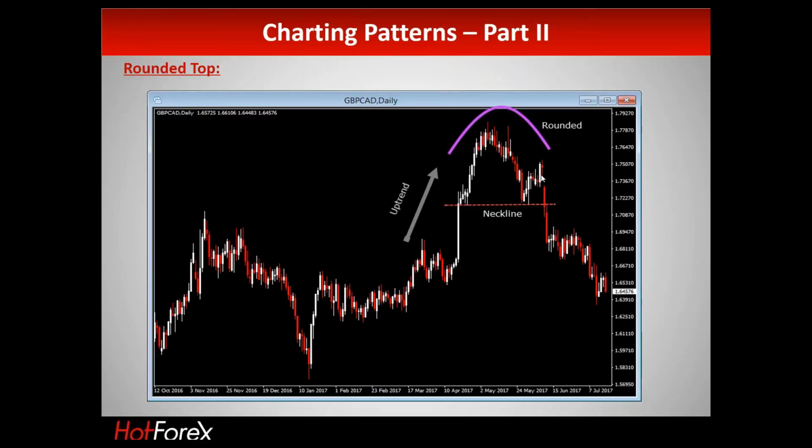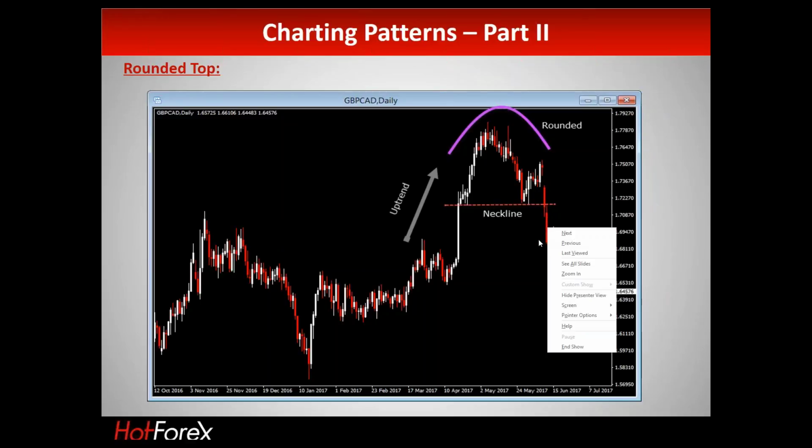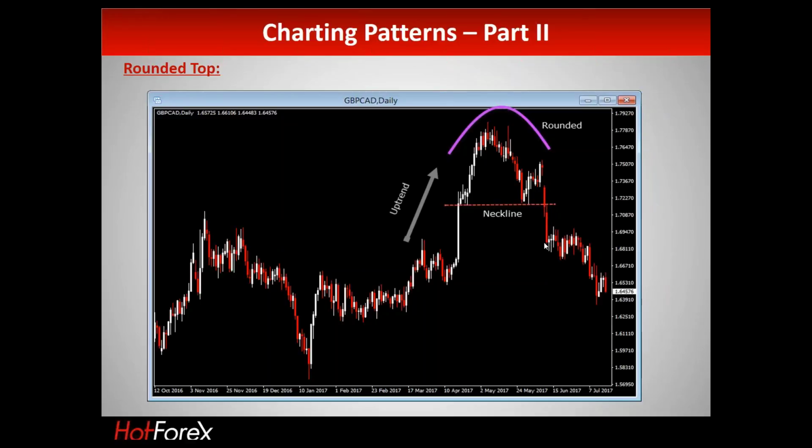We did have the rounded top once it broke the neckline, and then the next day it opened below the neckline and pushed further down, making a new lower low at 1.69. So here we have a rounded top example, and it's a recent one. It's from May, and it was fully formed on the 18th of June. So that was a rounded top.